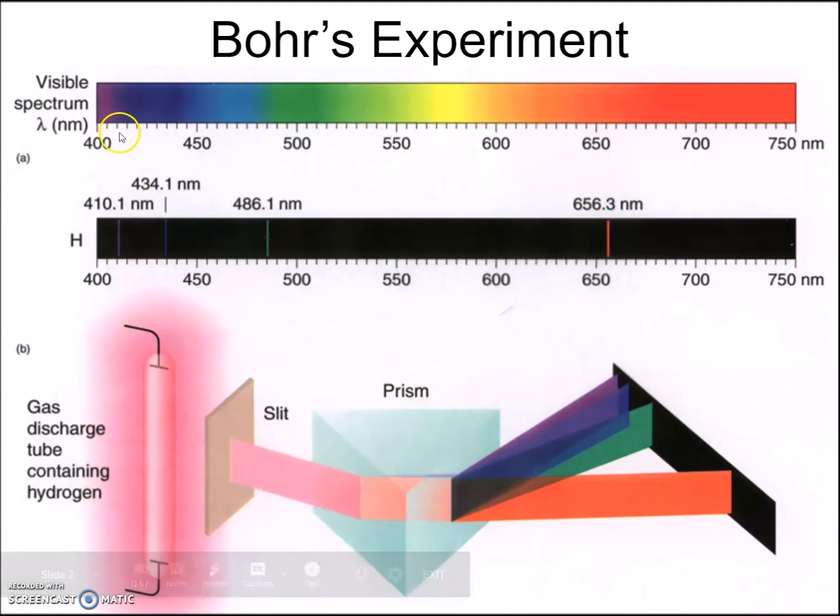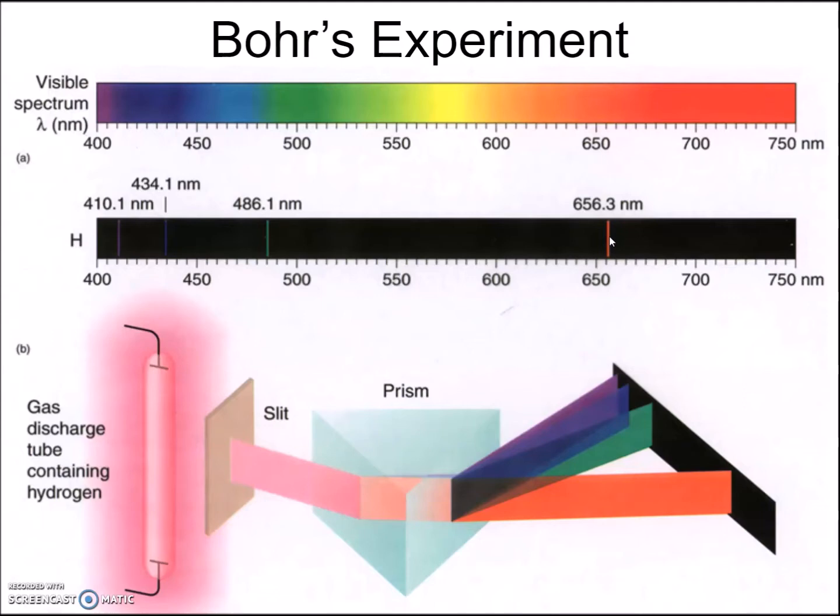And it just so happens, if this is the whole visible spectrum of light, we found a sample of light at about 410 nanometers of wavelength, at about 434 nanometers of wavelength, so a purple light, a blue light. 486 nanometers puts it in the green range of light. And then way over here at 656 nanometers, a red stream of light, but only at those four distinct wavelengths.